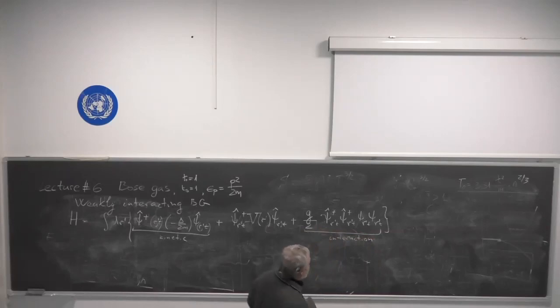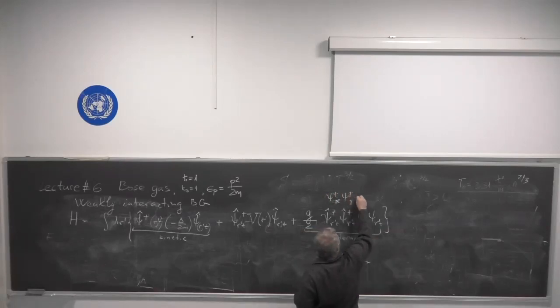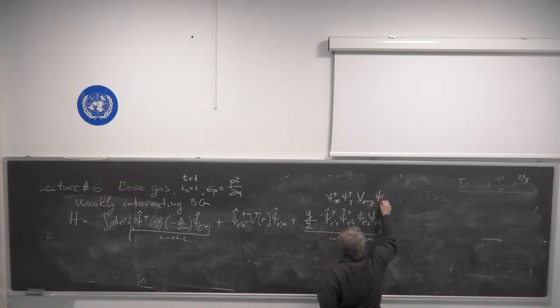Usually we write this interacting term as psi dagger x, psi dagger y, V of x minus y, psi y, psi x. This is a standard way to write the interacting term in quantum mechanics.